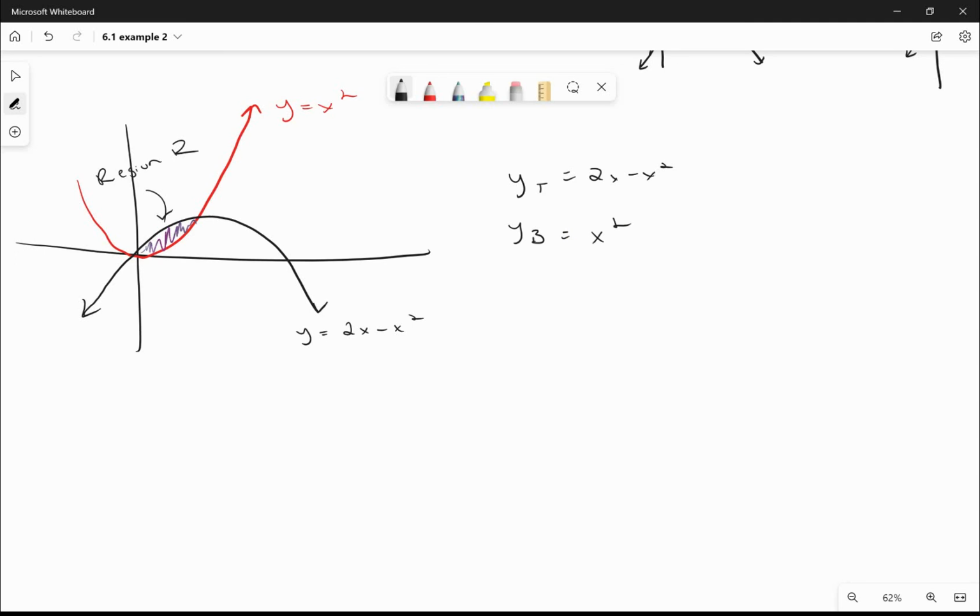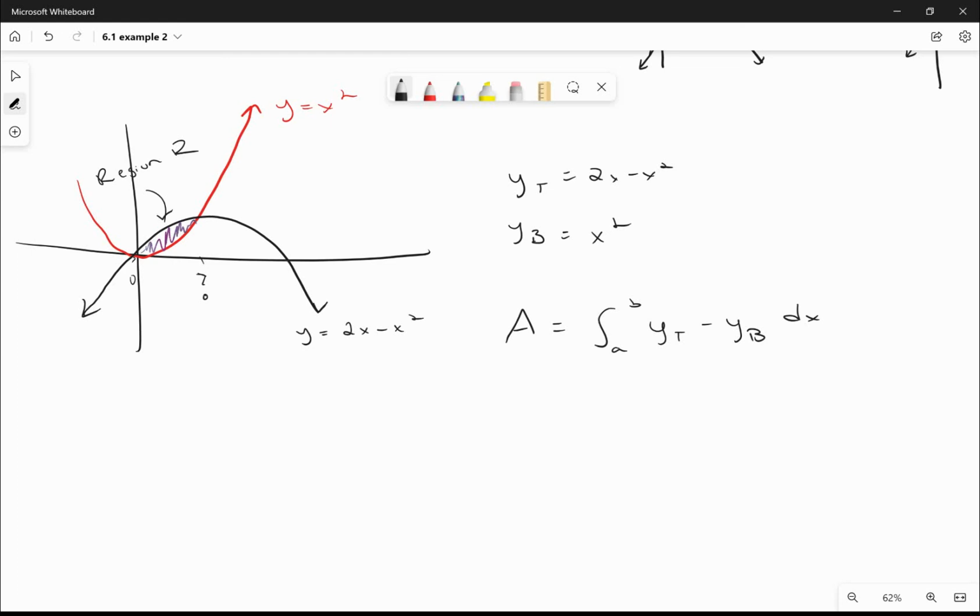And so now we want to find the area of this region, but we don't have limits of integration yet because we don't necessarily know where these two curves meet. We do know that they meet first at 0, but we don't know where that second value is. So how do we figure that out?